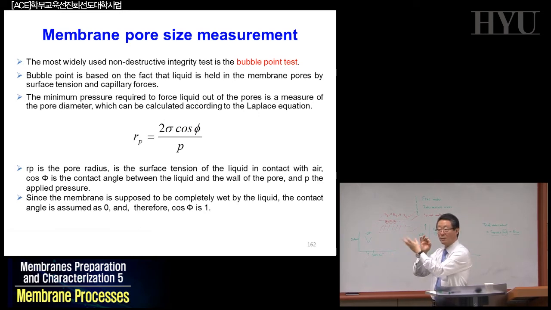When the liquid first comes out, the first pressure should be related to the radius of the pores. So the radius of the pore, RP, is defined as 2 times sigma, and sigma is defined as what? Sigma is the surface tension.